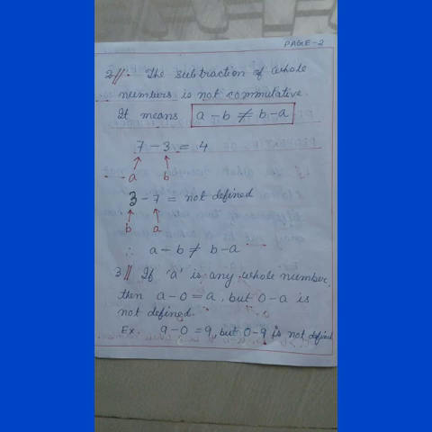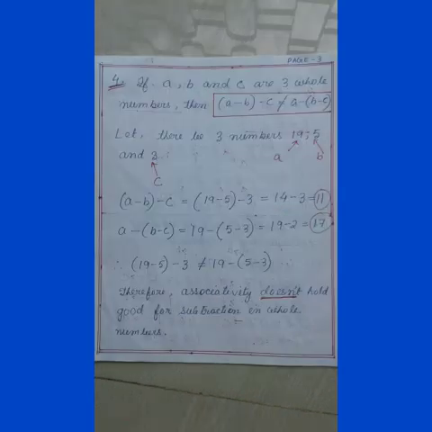Property number 4. If A, B and C are three whole numbers, then within bracket A minus B, minus C is not equal to A minus, within bracket, B minus C. This is known as the associative property.